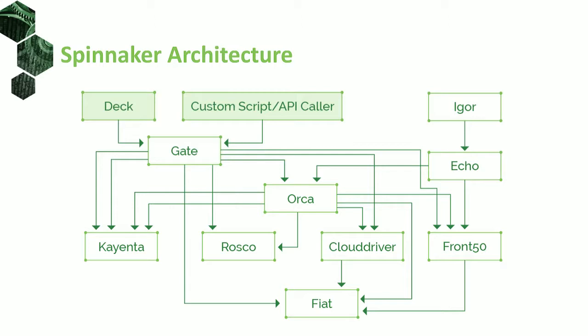We also have Kayenta, a microservice which provides automated canary analysis for Spinnaker. And we have another microservice which is not depicted here, Halyard, which is Spinnaker's configuration service. Users usually communicate with Halyard if they need to modify the configuration of Spinnaker.